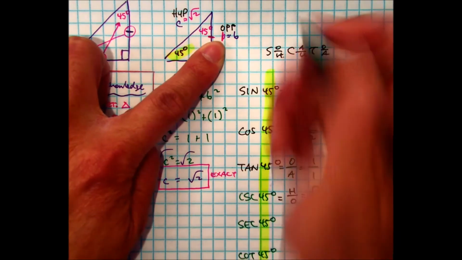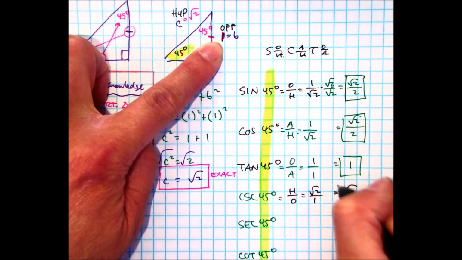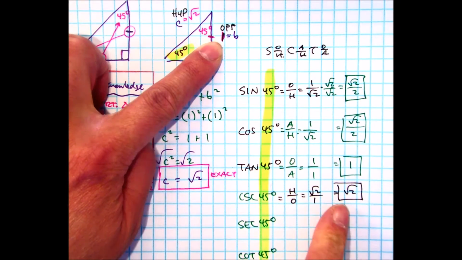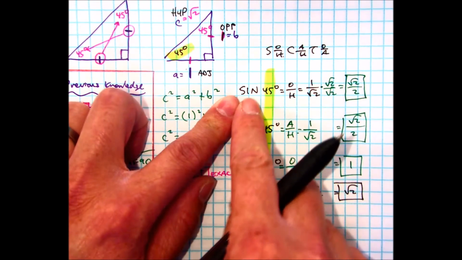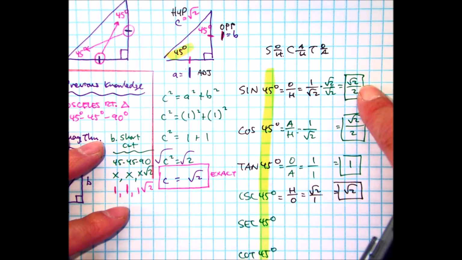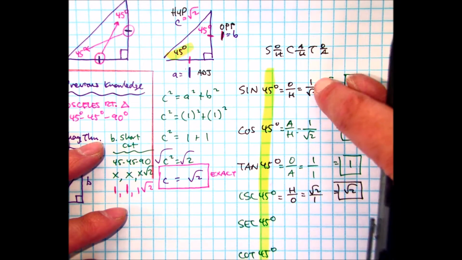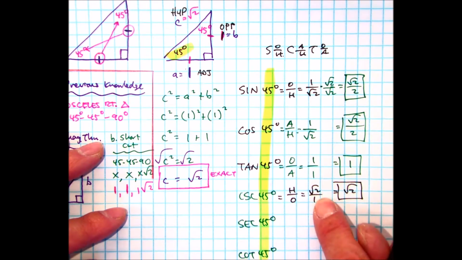Opposite is 1. So my answer is just radical 2. Pay attention here. You could have gone up here to sine of 45 and just flipped it, right? But over here, you already rationalized it, so it would be a lot of work to do 2 over radical 2. You could have come over here and just flipped it. Do you see that?